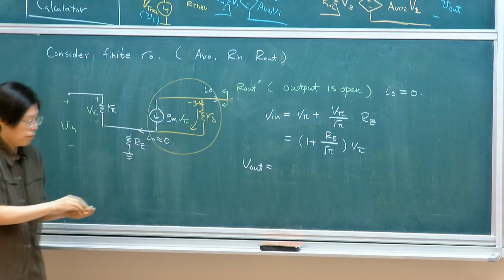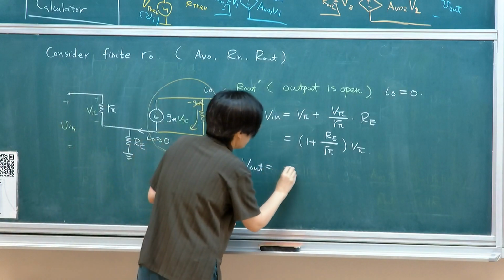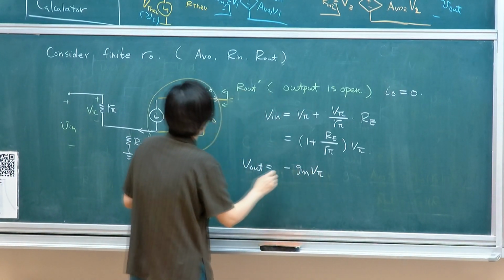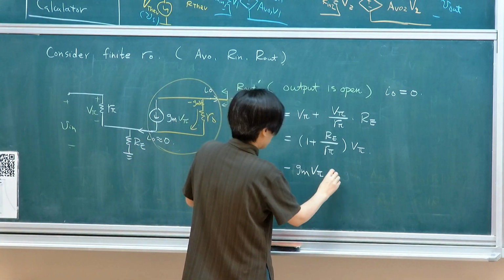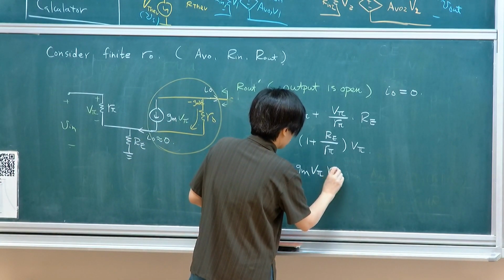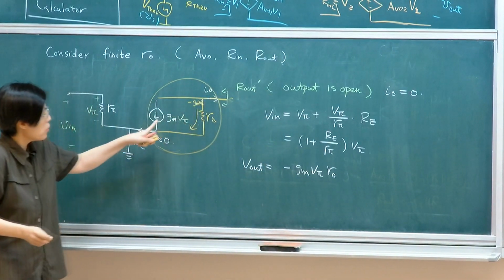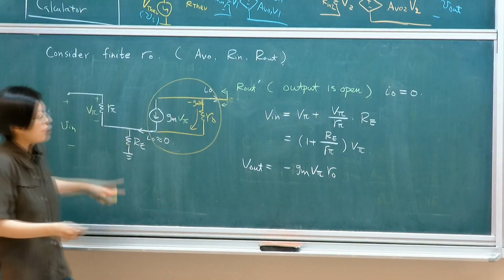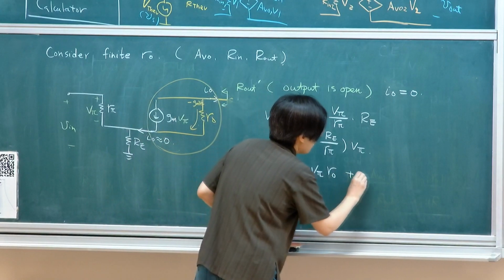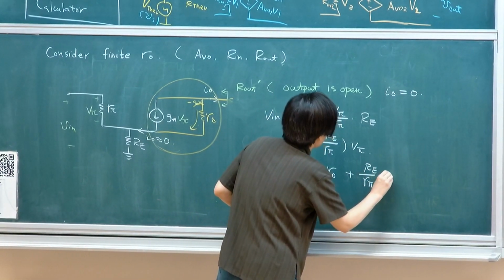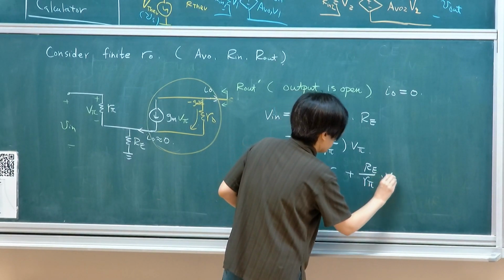So this will be minus GM V pi RO. I should say, this is the voltage across here, and then we need to add this back. So this will be R pi RE V pi.